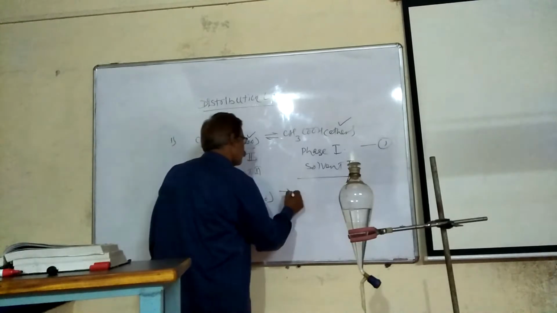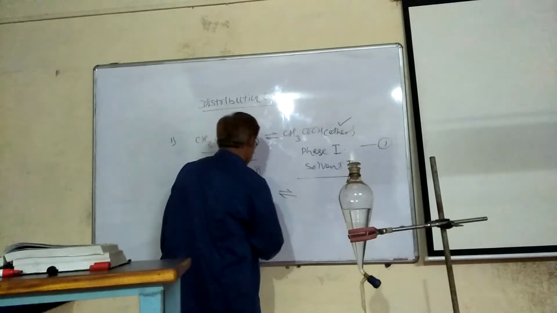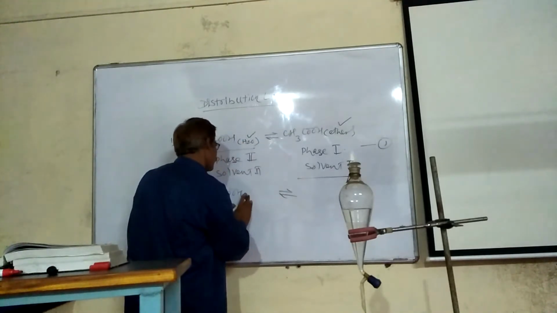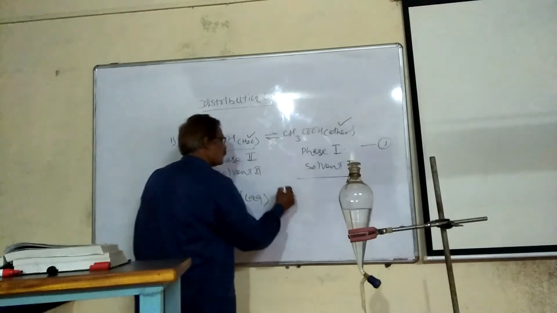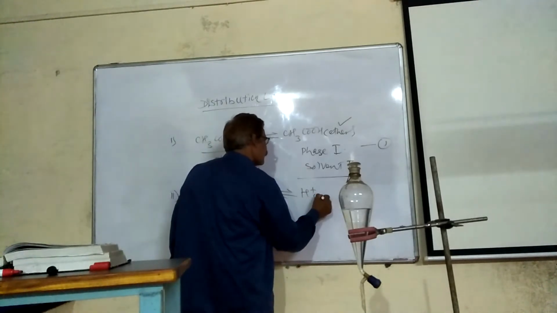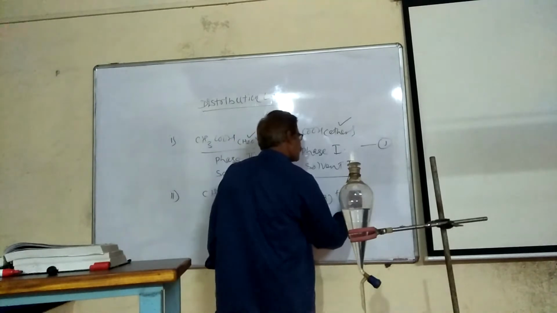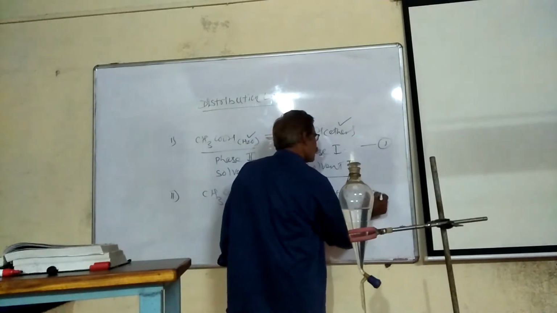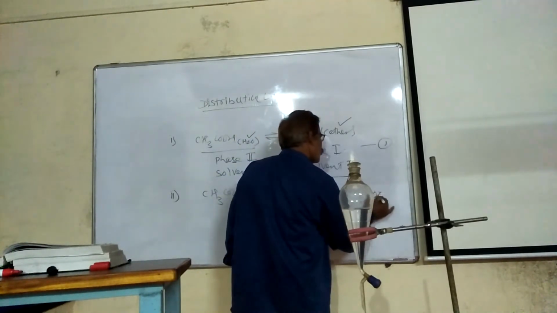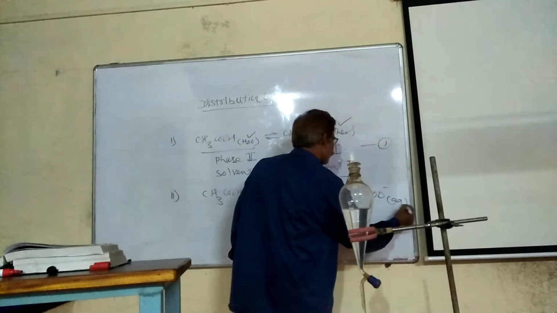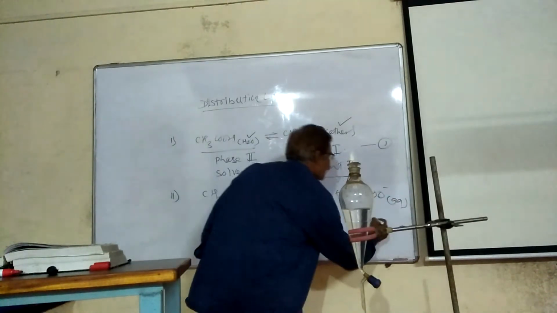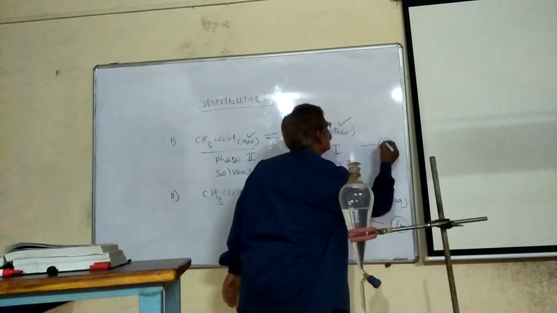in H2O, aqueous, dissociates into H plus aqueous plus CH3COO minus aqueous. Equation number 2.